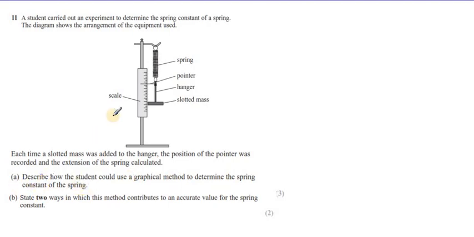So what is happening in this experiment, you are measuring two things. Number one, you are measuring mass that you are loading one by one on the hanger, and this mass can be converted into weight, which is in Newton, and you can also call it a load that you are giving.